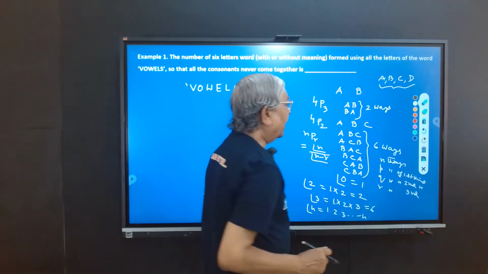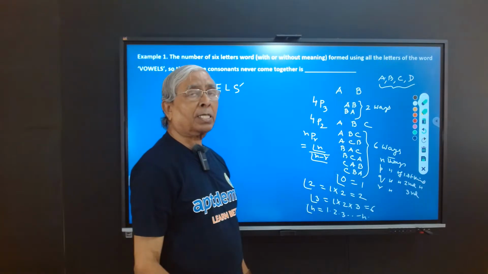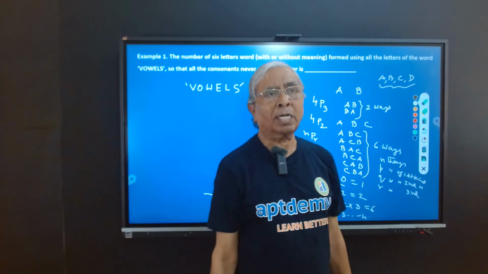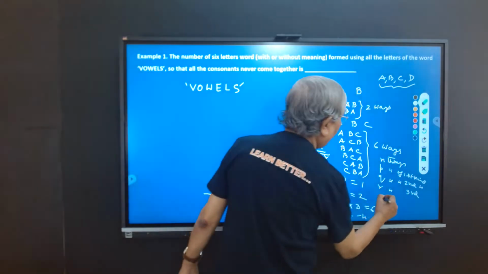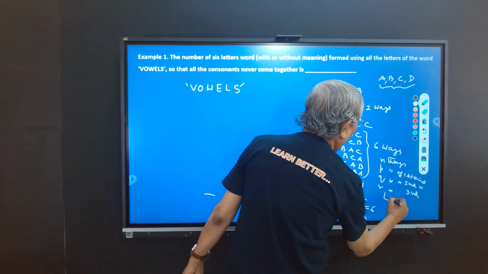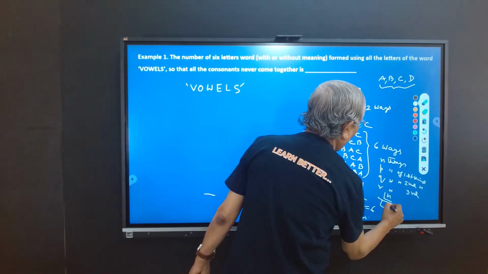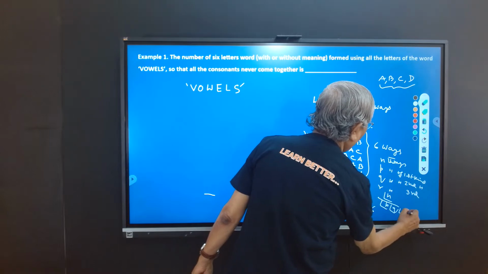What is the number of arrangements? Since there is repetition, the number of arrangements will be factorial n by factorial p into factorial q into factorial r.